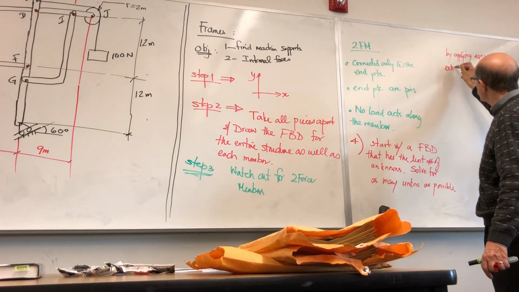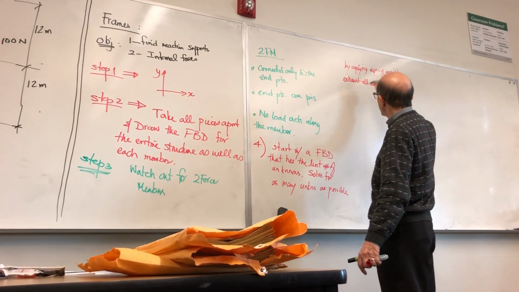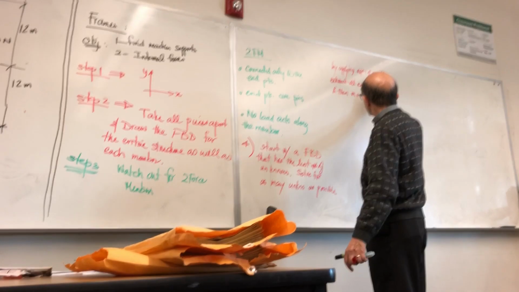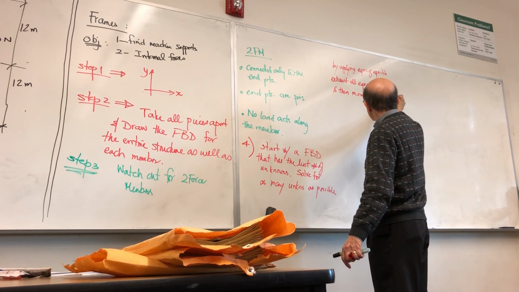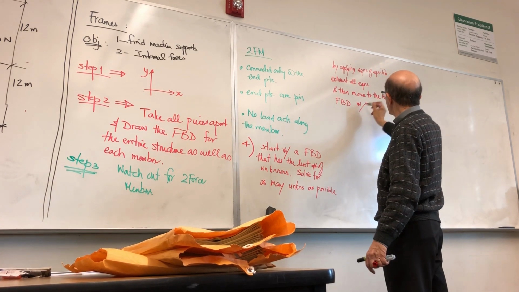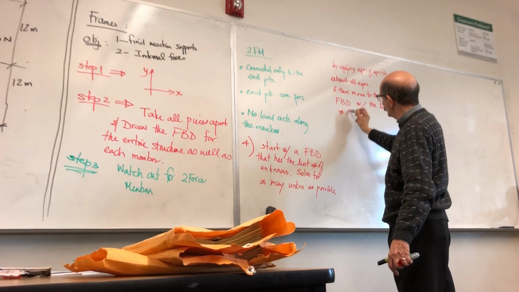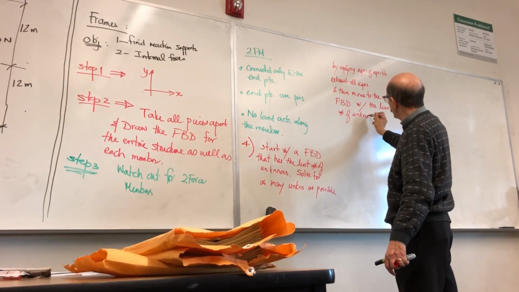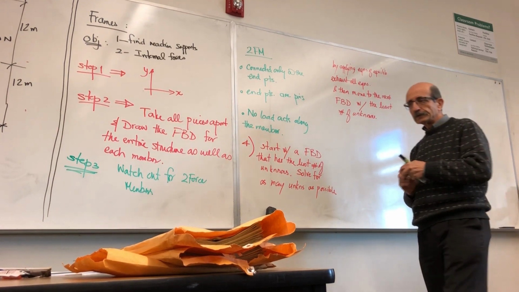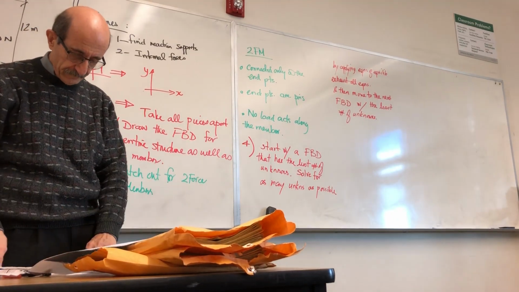Exhaust all your options, all equations, meaning, and then move to the next free body diagram with the least number of unknowns. Okay? So those are the first four important steps, okay?